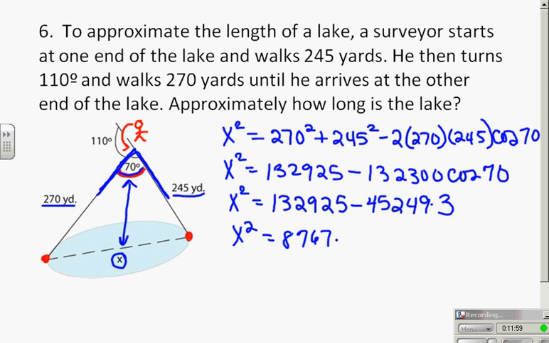One more subtraction gives me 87,675.7. Square root that, and x is 296.1 feet. Yards. Check my label, yards.